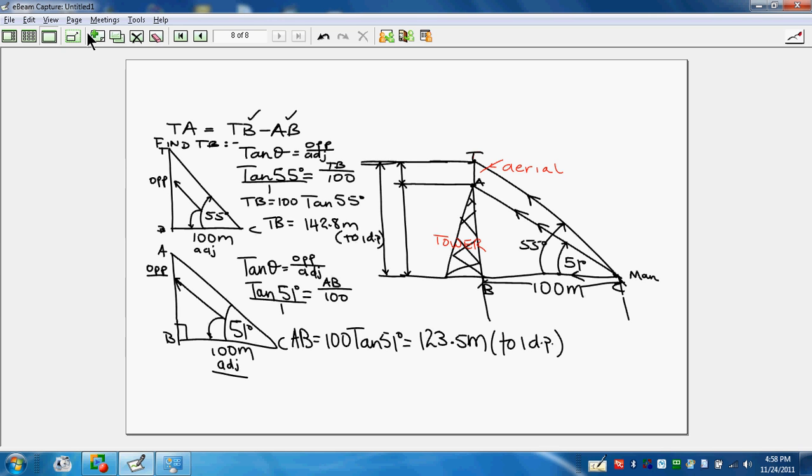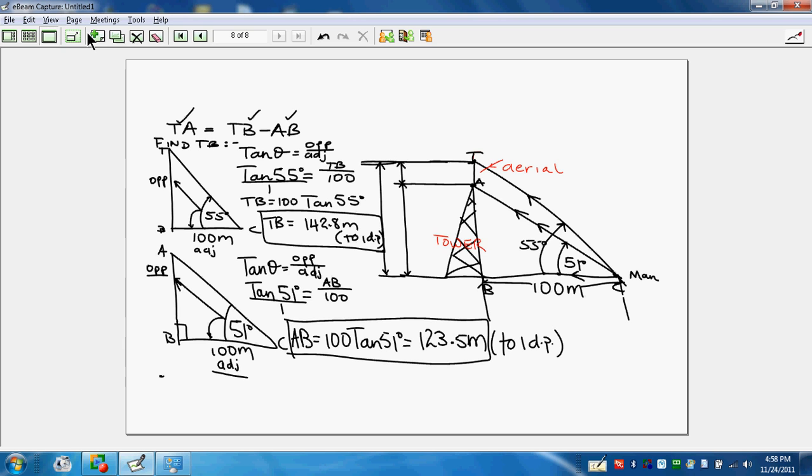Okay? So now that we have TB, right, we worked out what TB was, and we worked out what AB was, right, there's AB. We could find out what TA is, which is the height of the aerial. TA is the height of the aerial.